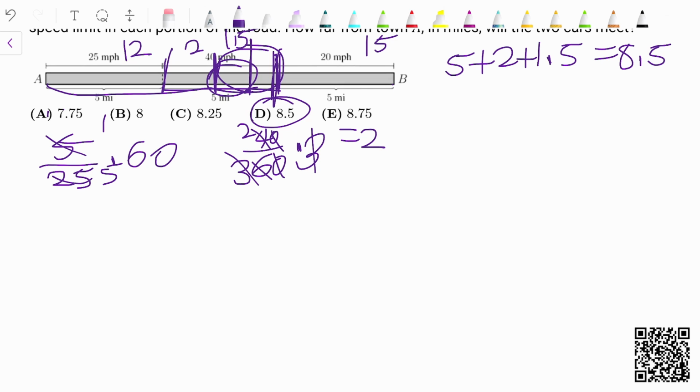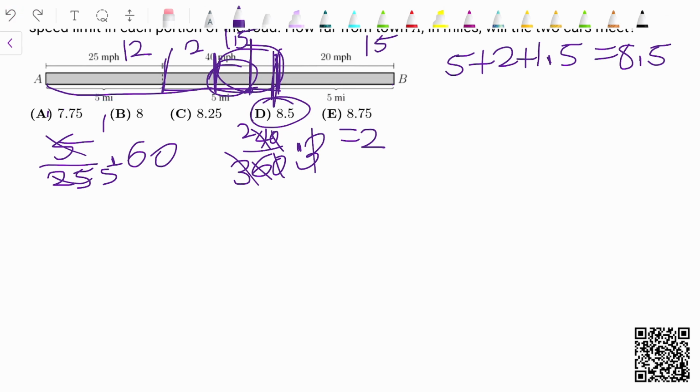If x is equivalent to this, we can write an algebraic equation because we know that the times of the two people are the same, unless one of them is secretly a time traveler who's been on the road 16 minutes instead. But let's not worry about that. Assuming the times are the same and that the distances added together equal the total length of the road, which is 15, we can write an equation.